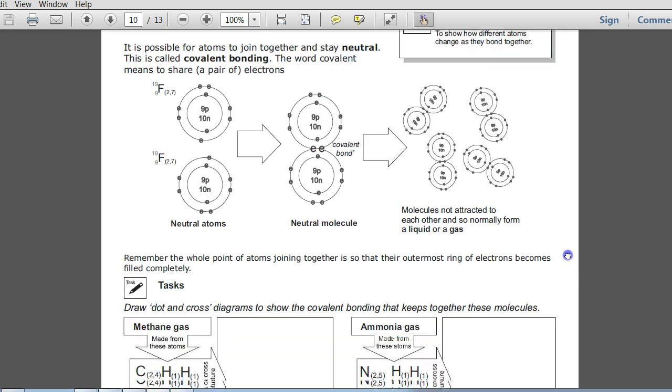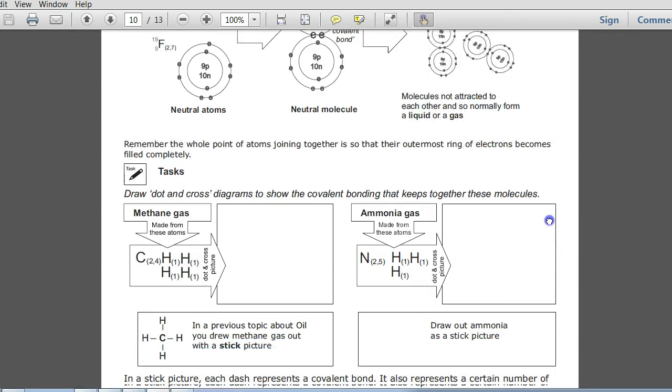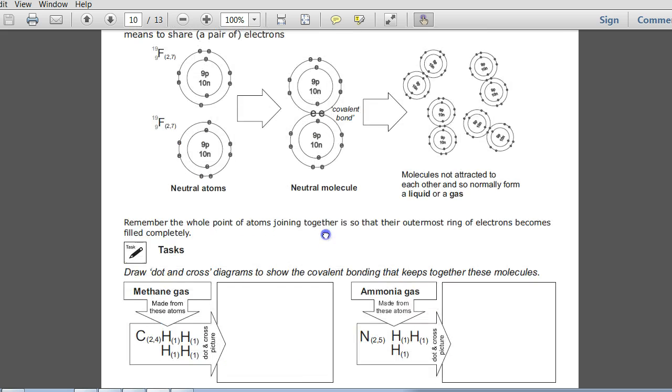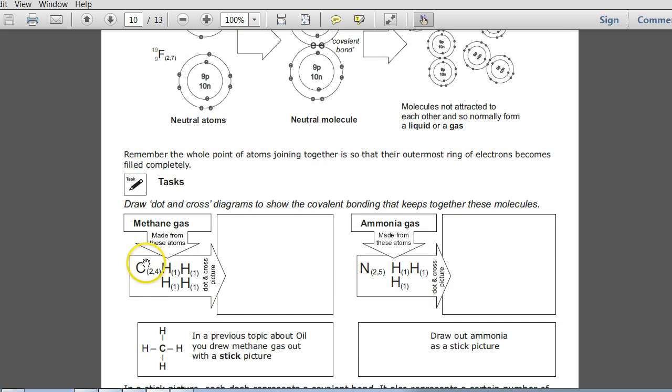So what you're going to be doing today is practicing this idea. You're going to be drawing out some examples, and you're going to use the same idea of sharing the electrons. You're going to show how the carbon and the hydrogen are going to share their electrons.